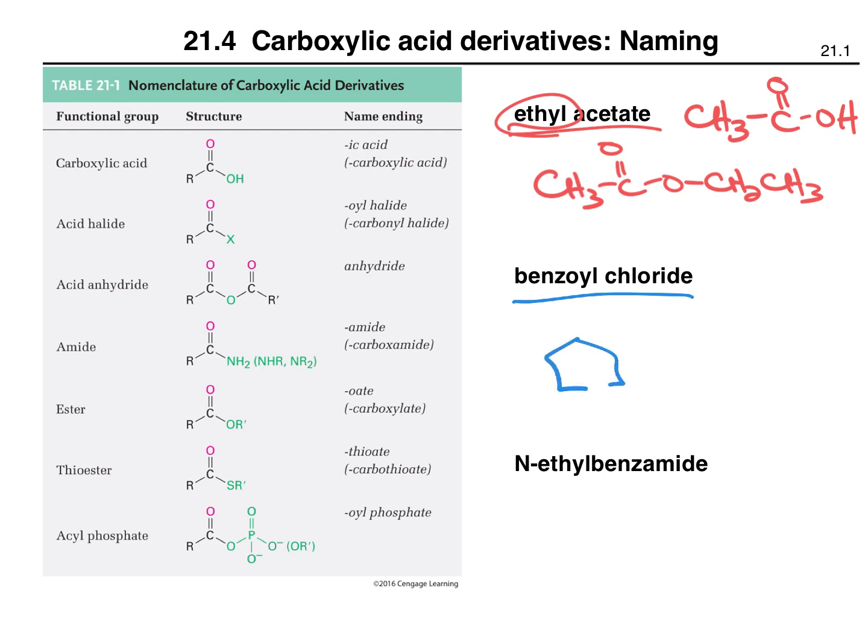So that comes from benzoic acid, but from this acyl group, we now have the chloride. And then N-ethyl benzamide, another one that is based on benzoic acid, but instead of having the OH, we have a nitrogen. That nitrogen is connected to one ethyl group, and it must be connected to a hydrogen as well. So get a little practice from name to structure and from structure to name.